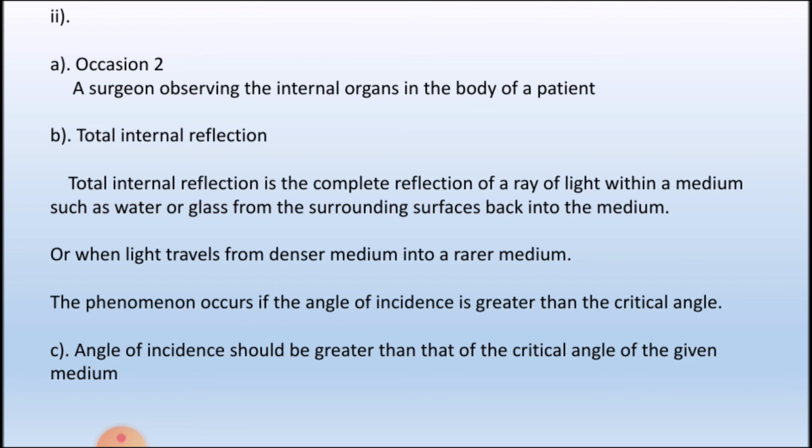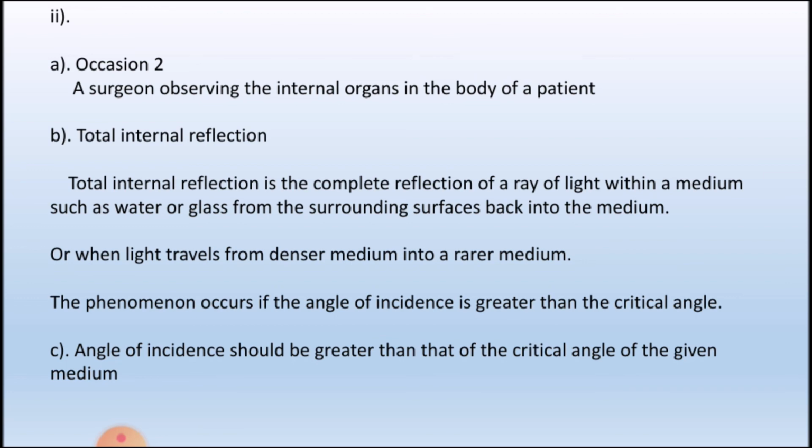At a certain point, the angle of refraction is exactly 90 degrees to the normal. At this moment we call it the critical angle, and if we increase the angle of incidence above the critical angle, the light reflects back into the same medium. This is simply total internal reflection.